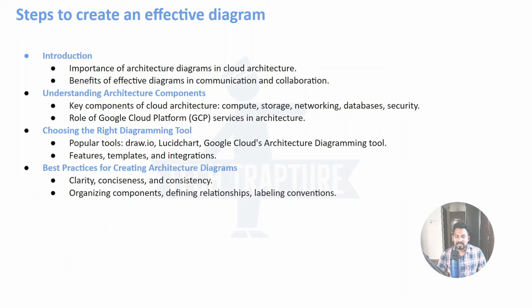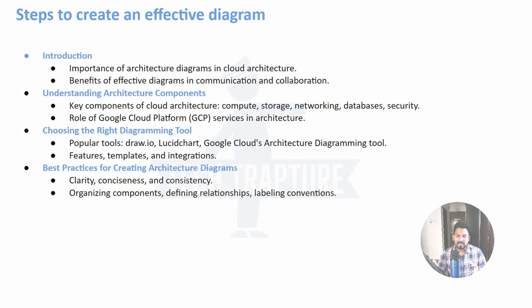There are also some best practices we'll see. What are the best practices while creating architecture diagrams? There should be clarity and consistency. Suppose while working on a particular solution you have to create one or multiple architecture diagrams. Suppose in my diagram I initially used a Google Cloud Storage logo, and in the same diagram I use another logo for cloud storage. That is not consistent, so I have to keep it consistent.